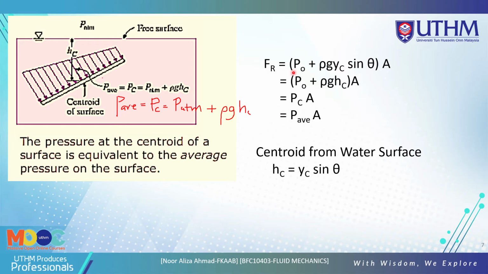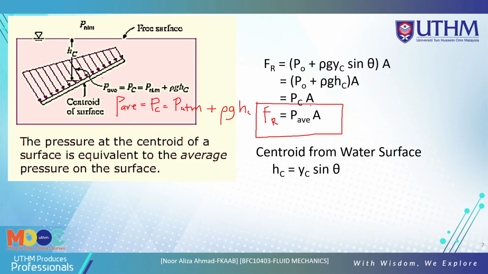So you must know that it is the pressure at the centroid times the area. Just remember this equation. The force resistance for this plane surface is equal to the average pressure times the area.